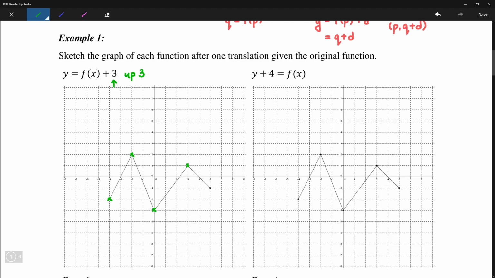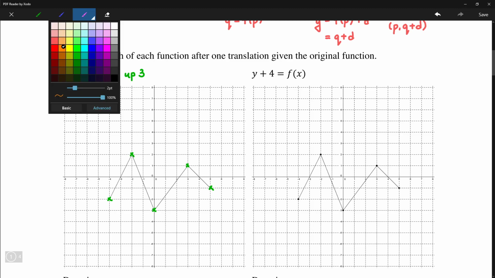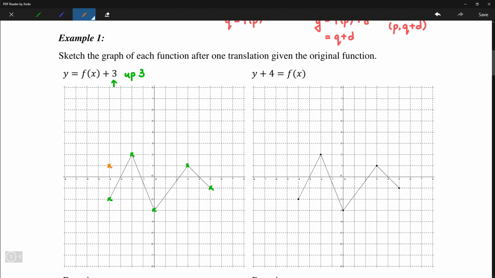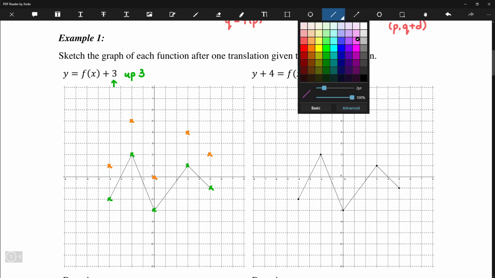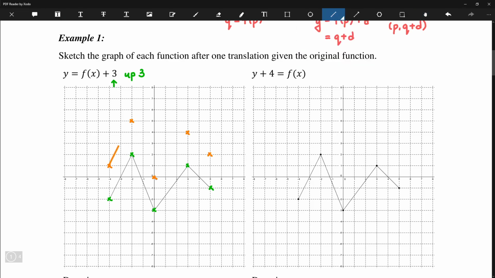Those are the original points on the graph. And we can simply move them each 3 spaces up. Let's use a different color. So 1, 2, 3, 4, and 5. And we'll simply connect these together. If this was done correctly, the graphs will have the same shape, just a new location 3 spaces up.